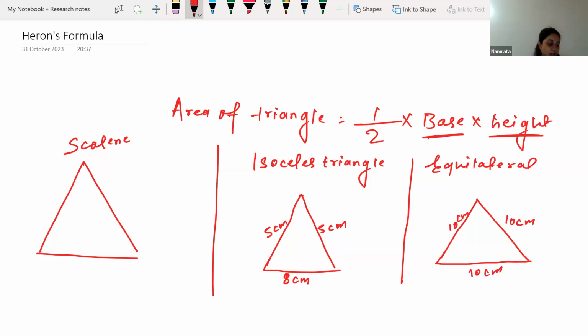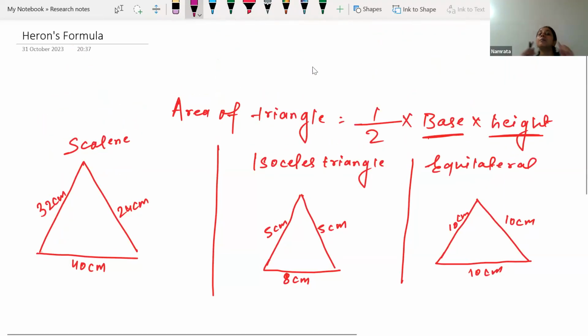Let's say we have the measurements of the scalene triangle as 40 centimeter, 24 centimeter, and 32 centimeter. These are the three types of triangle we have. We'll be focusing on each of them one by one. So first we are going to focus on the second triangle, that is the isosceles triangle.